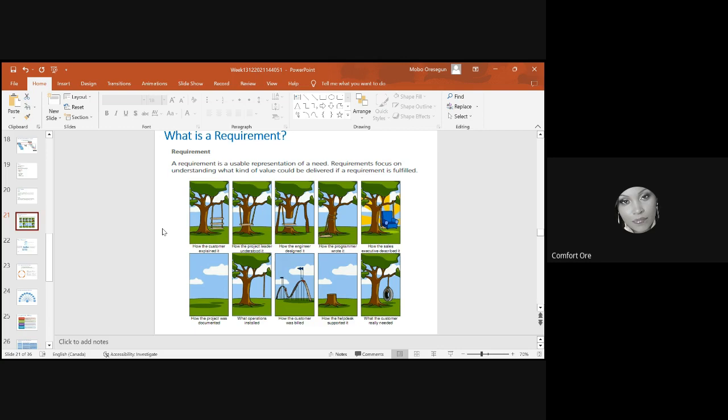So requirements focus on understanding the kind of value that could be delivered if a requirement is eventually fulfilled, right? Remember, the only reason why BAs are employed or their services are engaged is because there is a problem or an issue. In order to address that problem or proffer a solution to that issue, you need the information.